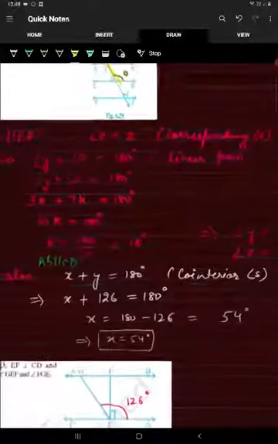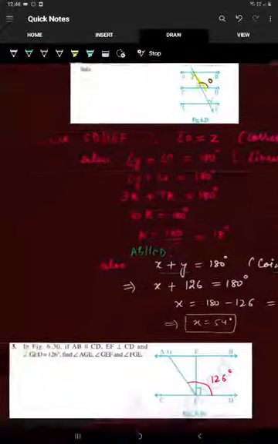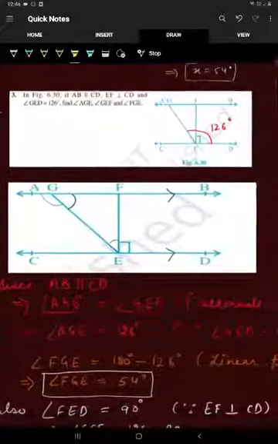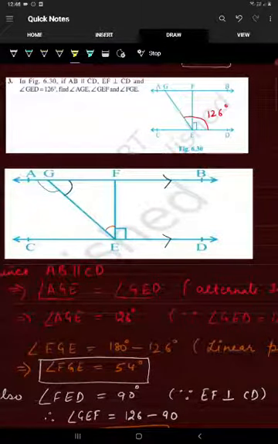So students, we solved this question by applying the concept of linear pair, and then co-interior angles, and we found the value of X. So moving ahead to question number 3, again this is a very easy question. If we go through the figure, question number 3, in figure 6.30, AB is parallel to CD and EF is perpendicular to CD.